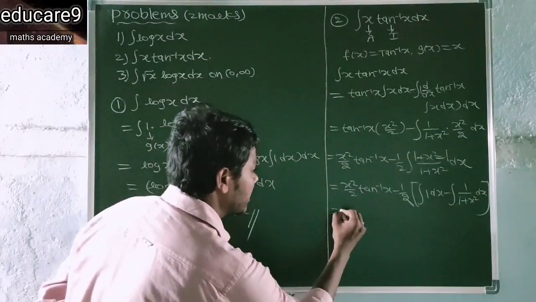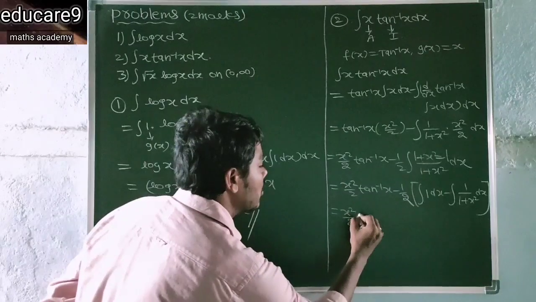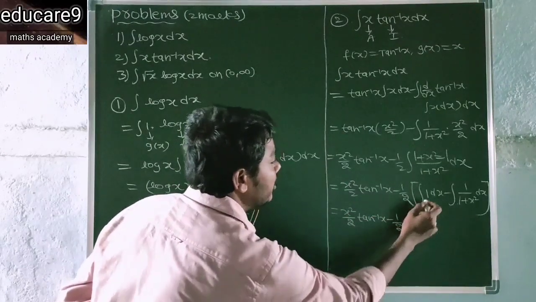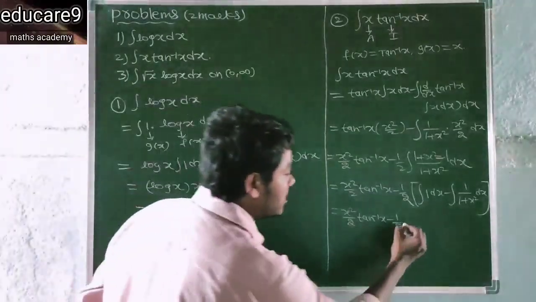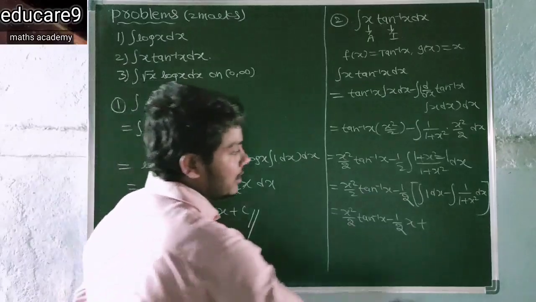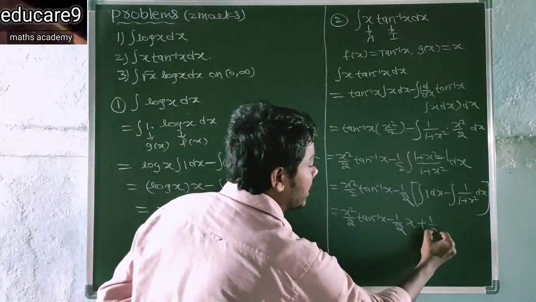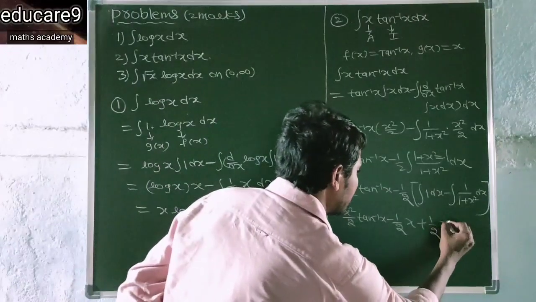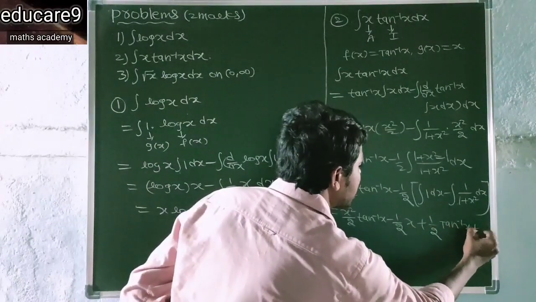Now this is x square by 2 tan inverse x minus 1 by 2 into integration of 1 dx, that is x. So minus into minus plus 1 by 2 into integration of 1 by 1 plus x square, that is tan inverse x, plus c.